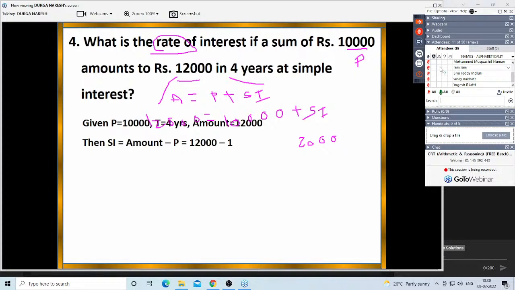I have given a clear stepwise explanation to you. Everyone, please focus. So R is equal to 100 into SI by PT. 100 into SI, SI is how much? 2000 by P value 10,000 into T value is 4 years.